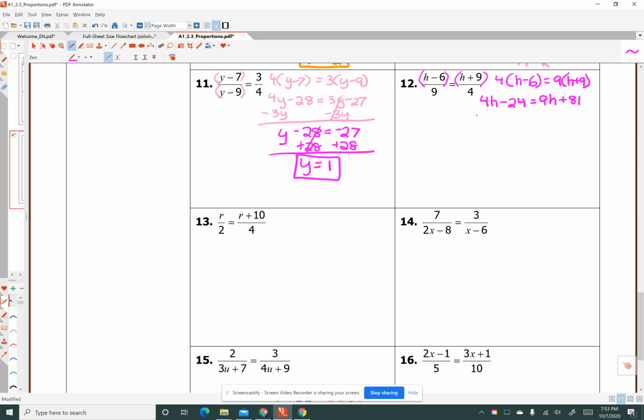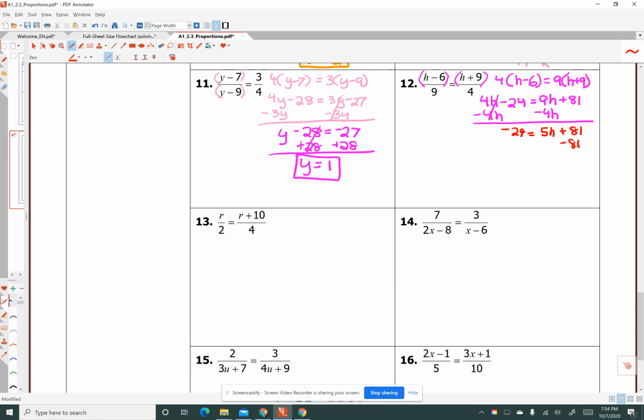I'm going to move 4h by subtracting from both sides. And that leaves us with a negative 24 on the left equals 5h plus 81.